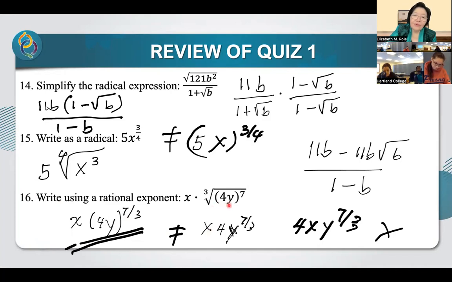You don't need to separate them anyway. Some of you wrote your answer as x times 4 to the 7/3 times y to the 7/3, that is still okay. They're just fine. You can write it that way if you wish to.